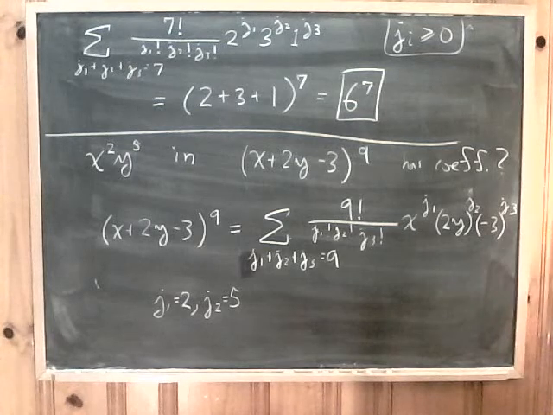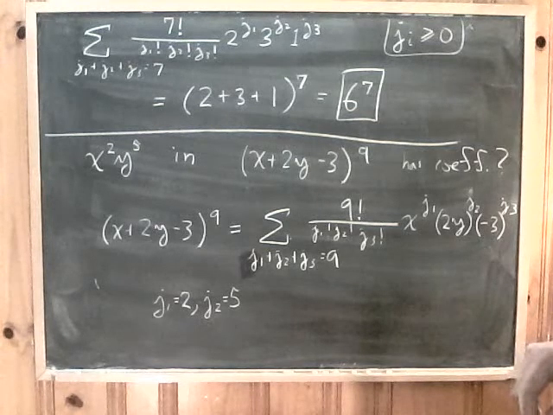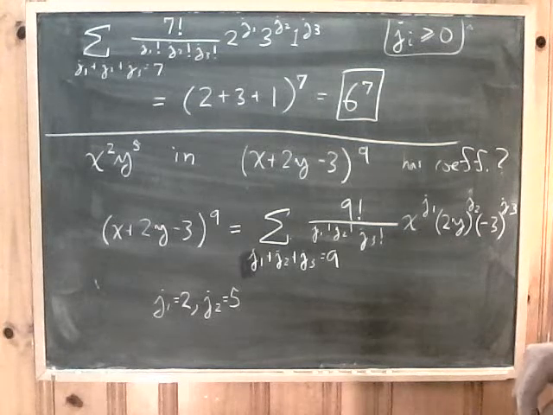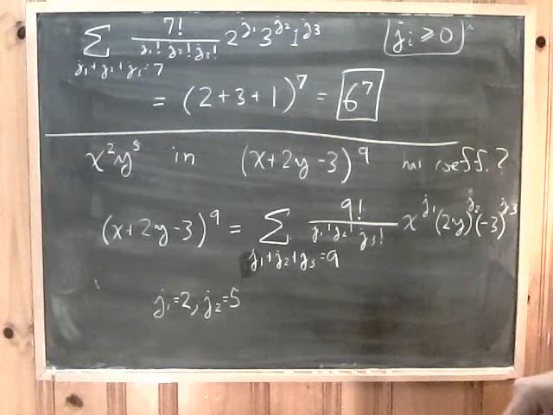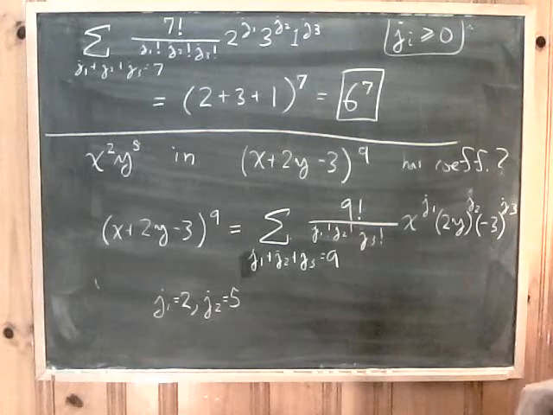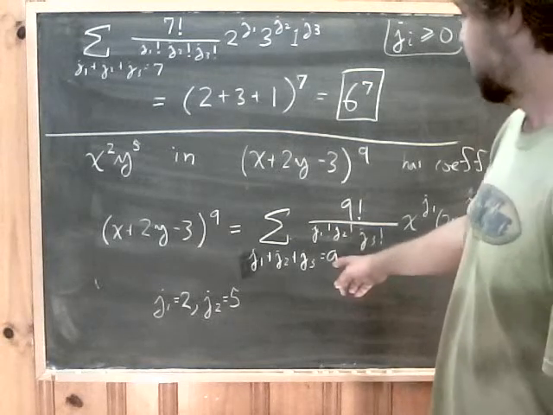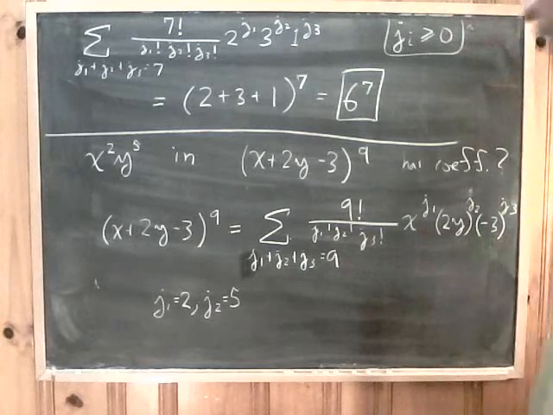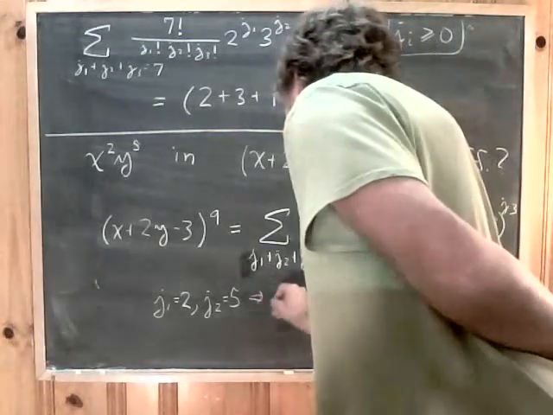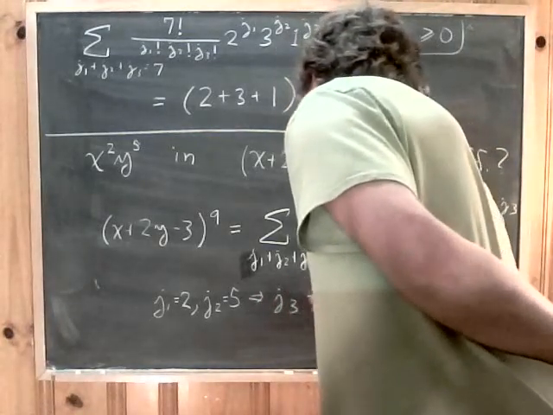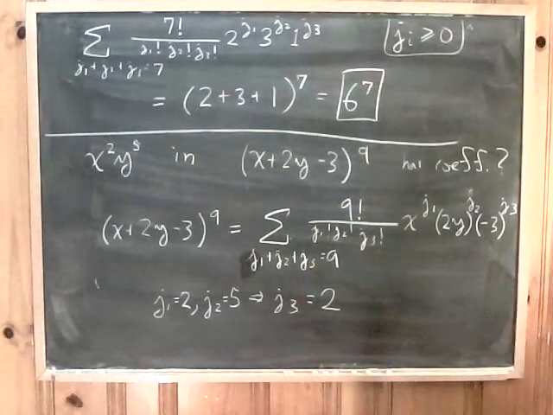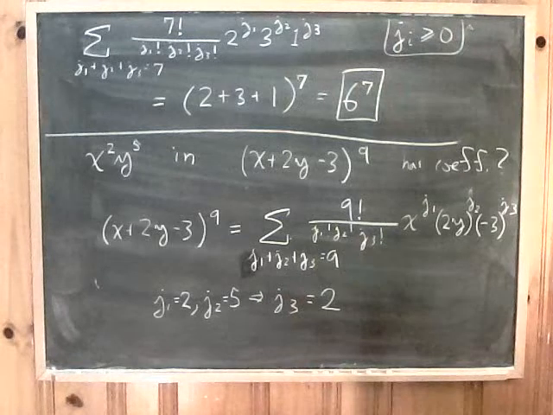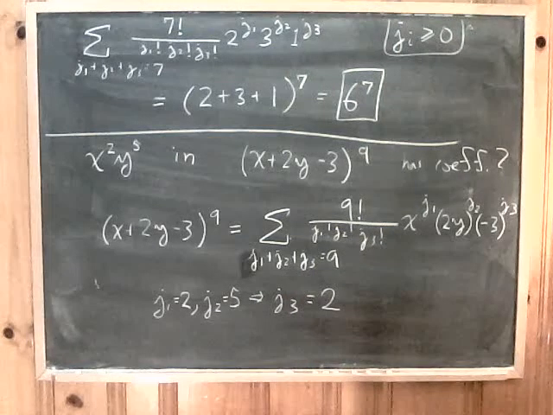So there's no other places where 2 and 5 can show up as j1 and j2. And then I also know what j3 must be, because they have to total to 9. So therefore j3 has to be a 2, so that they add up to 9. 2 plus 5 gives you 7, but that's not enough. We need it to add up to a total of 9.